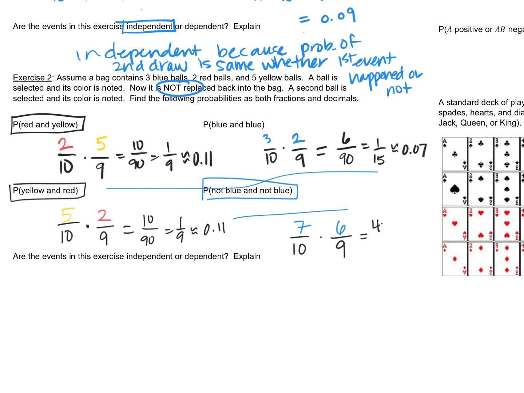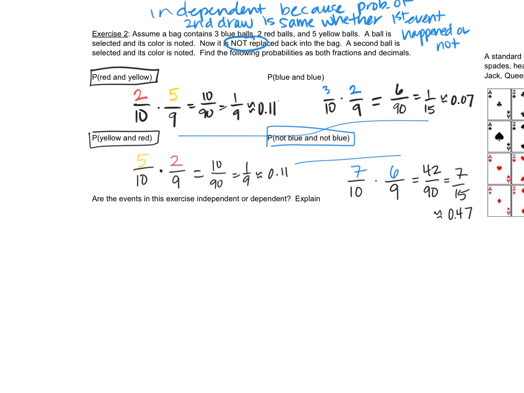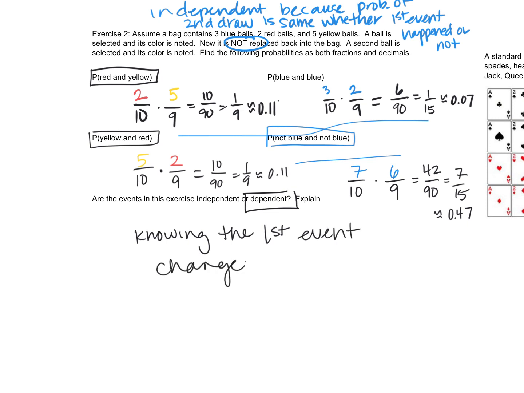So we're going to have 42 out of 90, which reduces to 7/15, as a decimal about 0.47. Now these ones, when asked to be independent or dependent, these are for sure dependent on each other, because if you know the first, it changes the probability of the second, because we had to reduce the number of marbles.